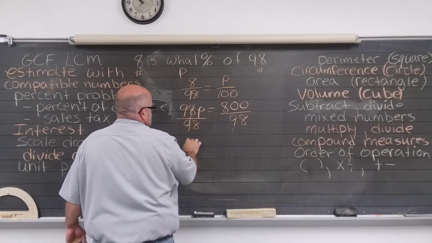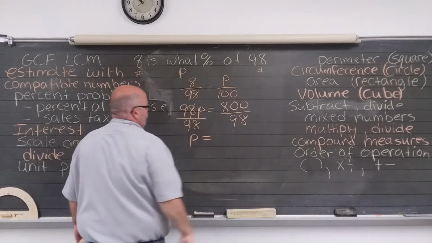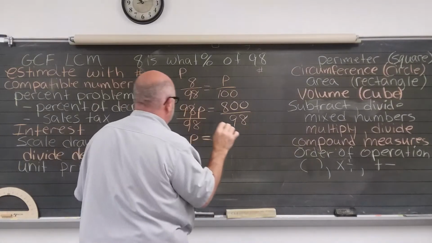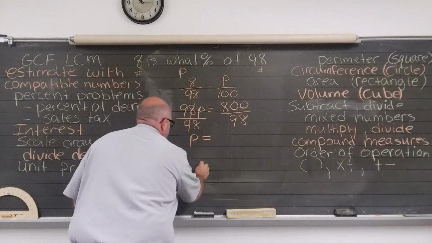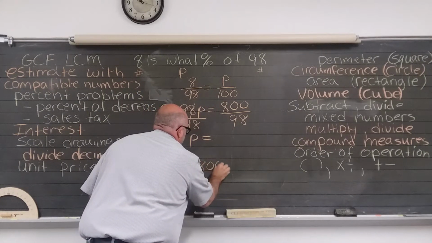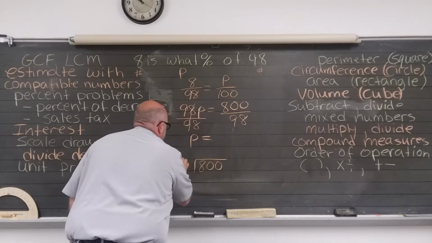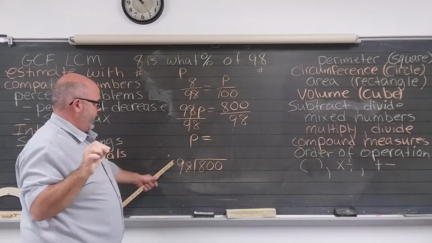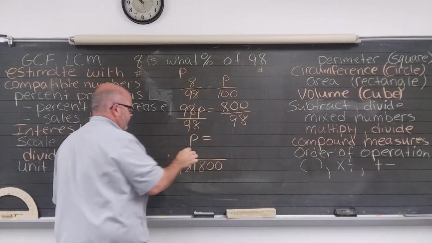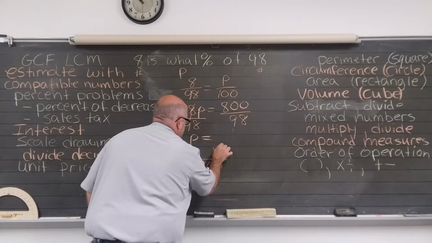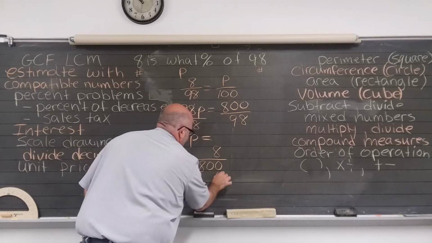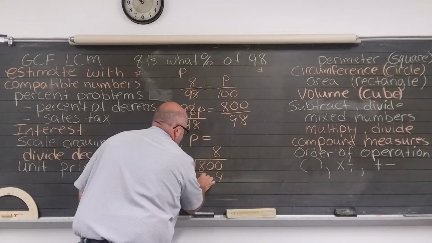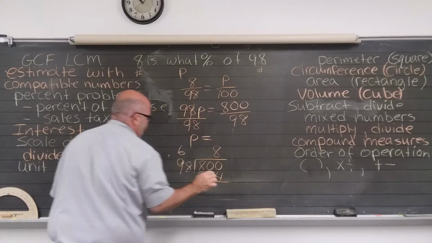That gets rid of the 98s here, so all you have left is P equals, this one's going to have a remainder. You will not have a remainder, I don't think, in your answer, on your test. But this would be 800 divided by 98. So 9 into 80, let's try 8. I think 8 will work. 8 times 8 is 64. 9 times 8, 72 plus 6, 78. Subtract.